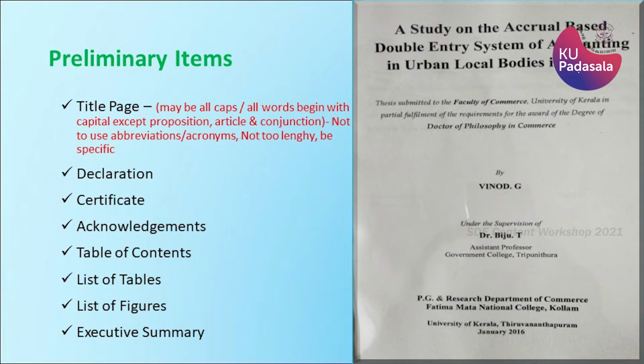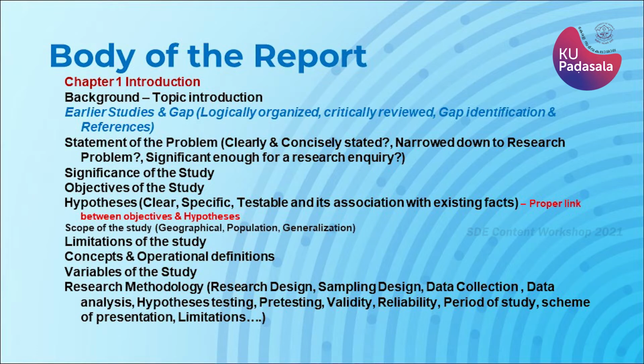Then in the preliminary section, there are the researcher's declaration page, a certificate from the research supervisor, acknowledgements, table of contents, list of tables, list of graphs, and executive summary, everything forming part of the first part, that is the preliminary items.